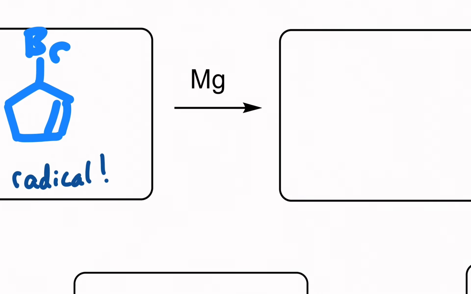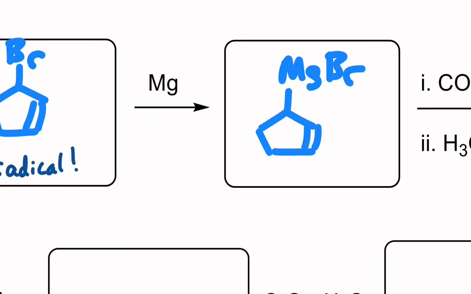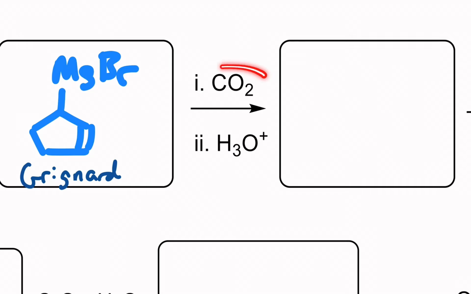Next up, should have no trouble with that, magnesium metal forms the Grignard. Then we get to some newer chemistry. Grignards will react with carbon dioxide to make a carboxylic acid.